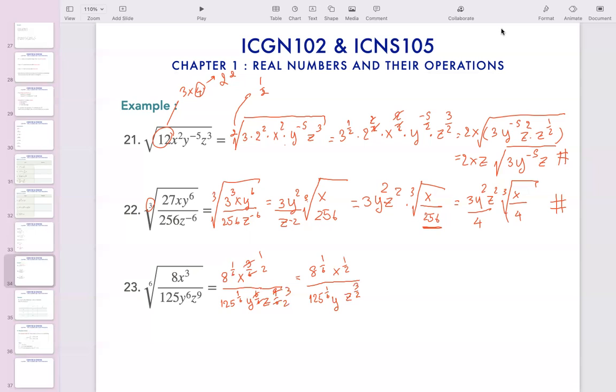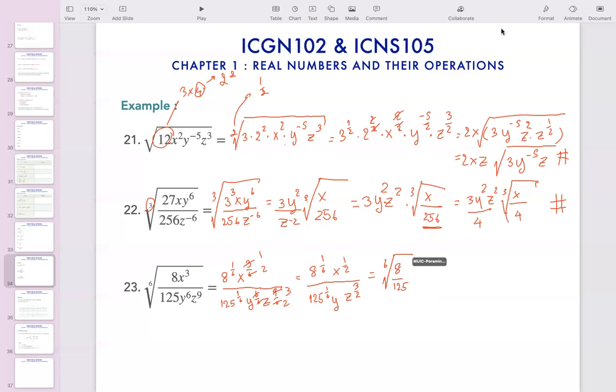So what do we get in this one? If I group any terms which have the same index 1/6 together, I get the 6th root of 8/125.